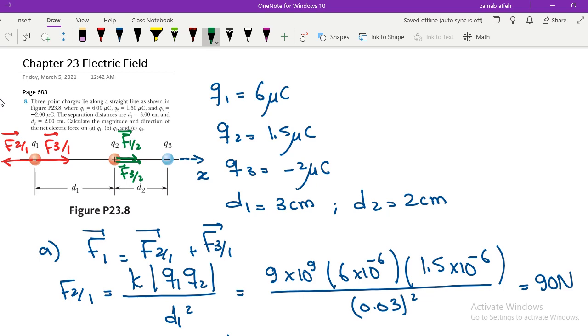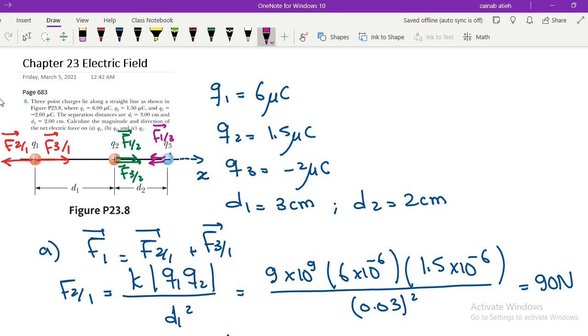Now let's move to Q3. There are two charges acting on Q3, which are Q1 and Q2. Q1 is positive while Q3 is negative, so Q1 is attracting it. This is the force exerted by 1 on 3. You can see that it is an attractive force. Q2 is also positive and Q3 negative, so Q2 is attracting Q3.